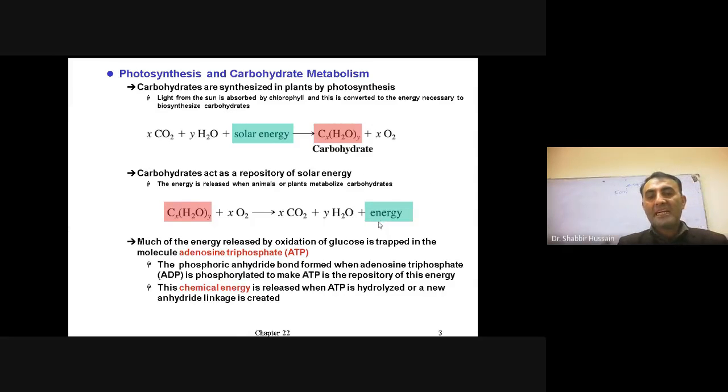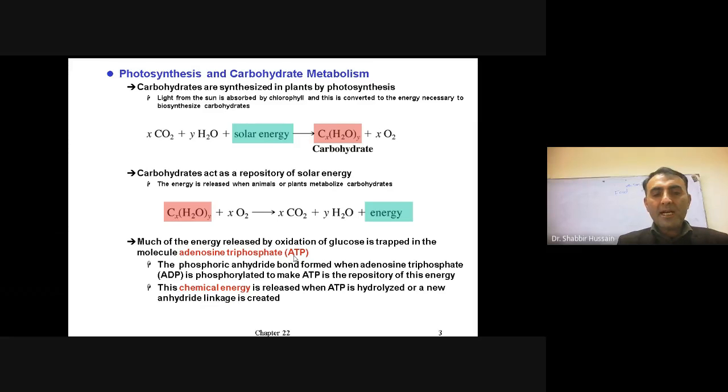And there is the electron transport chain, which we already discussed in our previous class. Much of the energy released by the oxidation of glucose is trapped in the molecule adenosine triphosphate, which is responsible for working in our body.